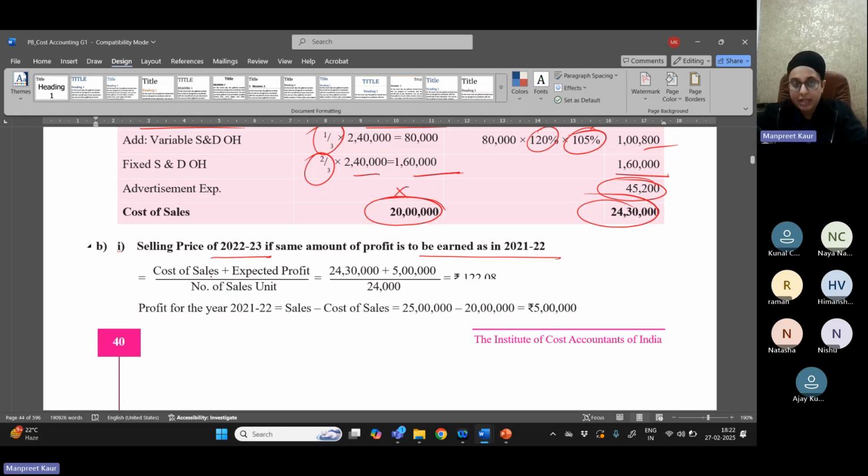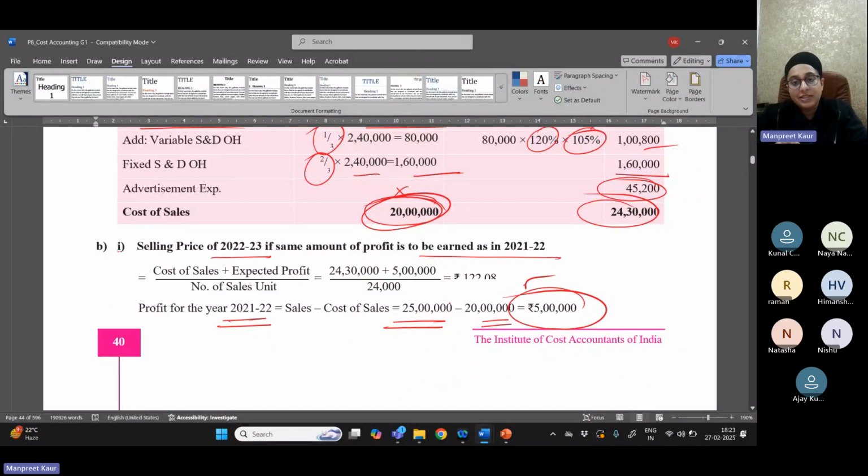It is cost of sales plus desired profit or expected profit divided by number of units. That is 122.08. Desired profit in the year 21-22 is 25 lakh sales minus cost of sales, that is 20. Desired profit is 5 lakh.